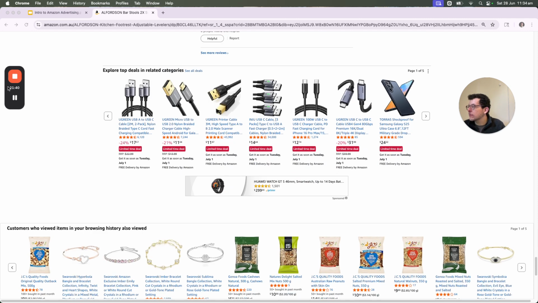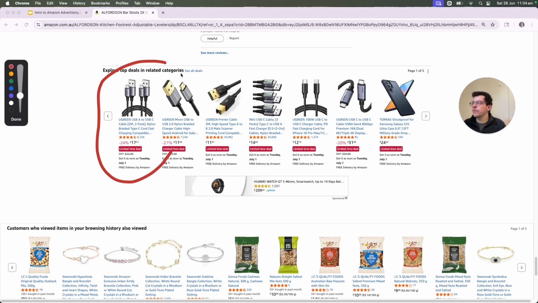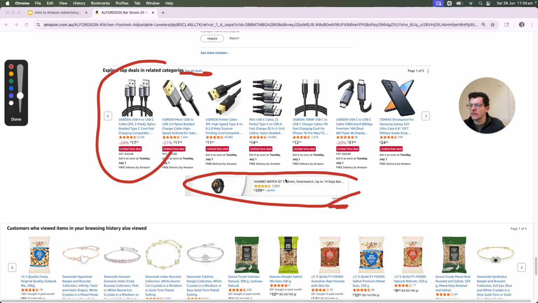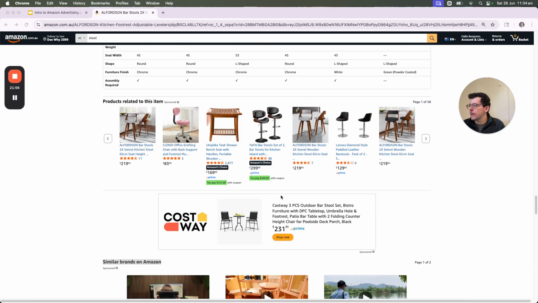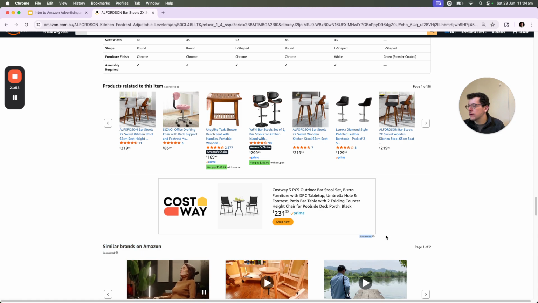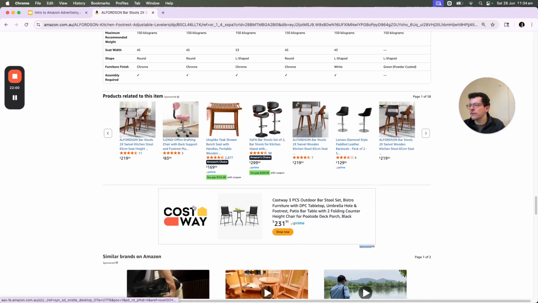And then this is not an ad because it does not say sponsored here, whereas this Huawei watch is. It says sponsored. I think this is a sponsored display. And then so is this one. It's another ad, probably a sponsored display, I believe.